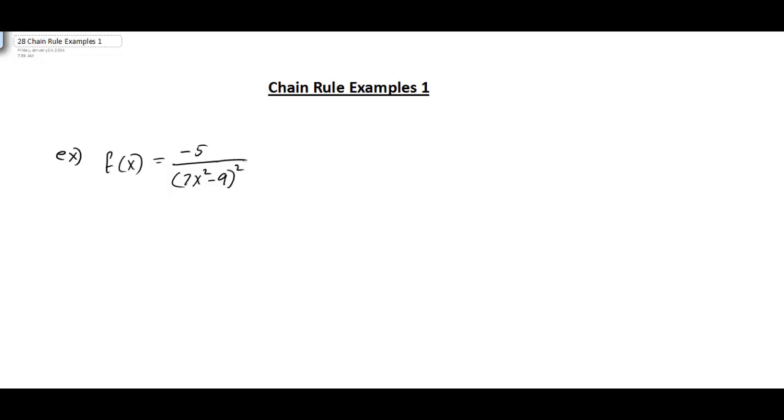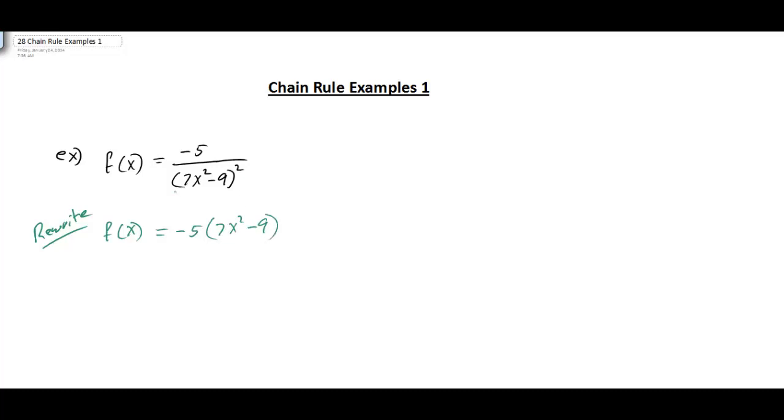But another option is, instead of the quotient rule, because on top all we have is a constant multiplier, -5, the first step is we could simply rewrite this problem by moving the denominator to the top, and we would have -5 times 7x squared minus 9.